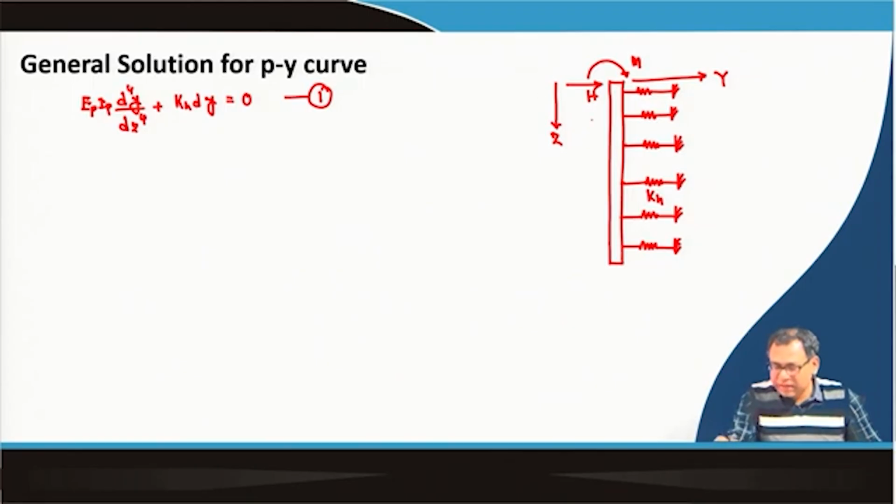So, this is the condition of the beam with the spring. This is our case 1, now we can go to another condition.